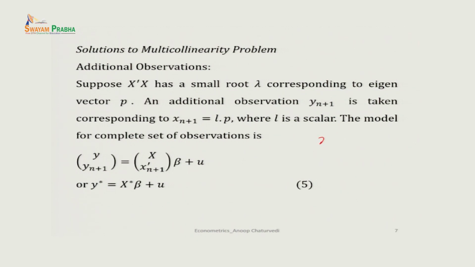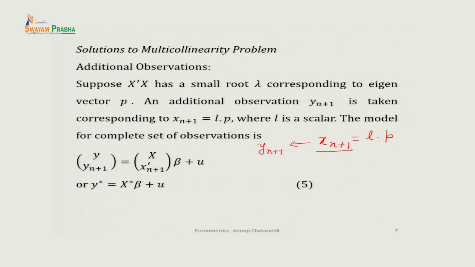So, you take x n plus 1 equal to L into p, where this L is some scalar, and then corresponding to this x n plus 1 you observe y n plus 1.